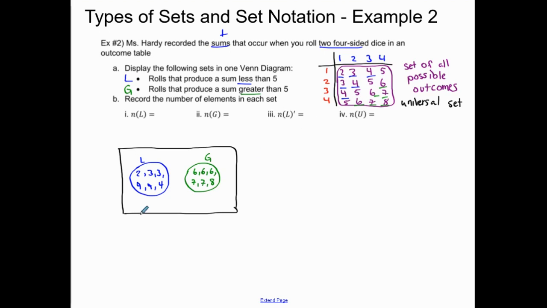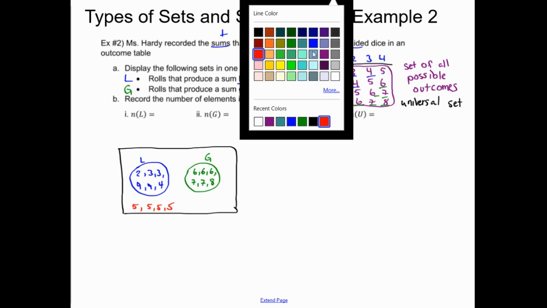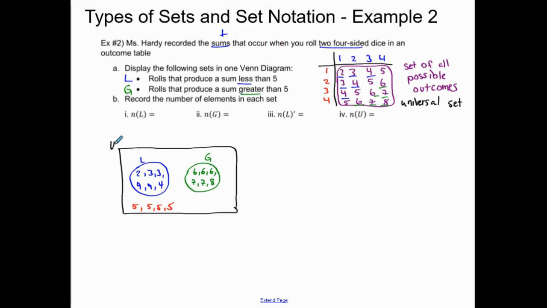So these 1, 2, 3, 4, 5s will go out here. Right, so 5 is not less than 5 and it's not greater than 5. It is 5. So it is outside of these two sets that we have. Okay, and here we now have all of the elements in our universal set U.